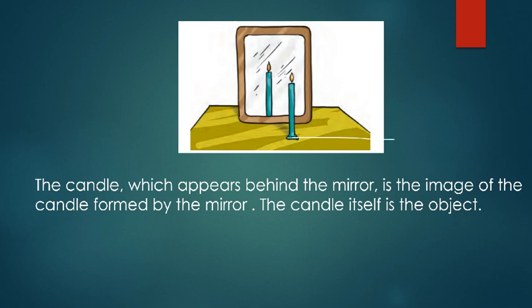The one which is placed here is an object and the mirror shows you a picture of this object called image. Now let us study how different the image is from the object. Let me repeat, how different the image is from the object in the plane mirror.